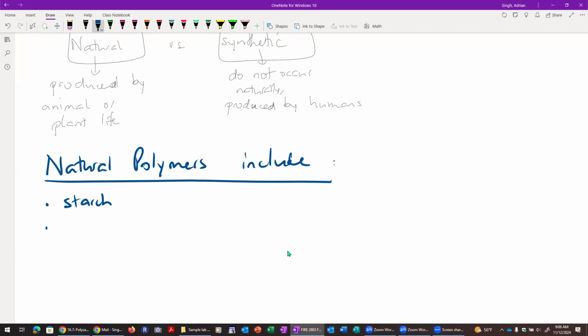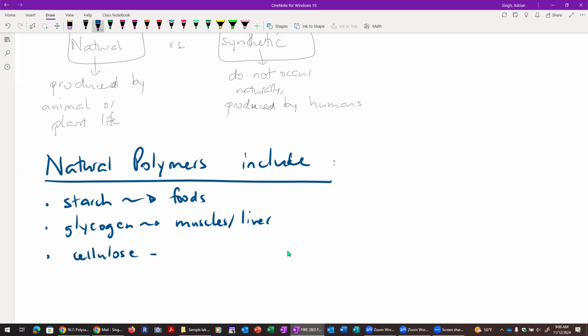Starch is a polymer, glycogen. Starch is found in foods. Glycogen is found in your muscles or your liver. There's cellulose that's found in plants, the plant cell walls, for example, things like bark in the trees.